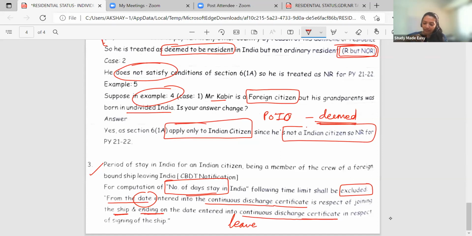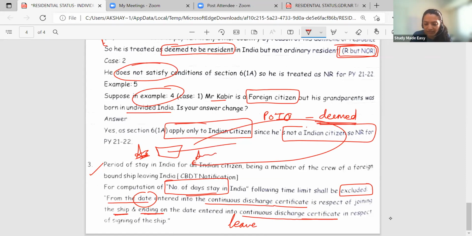When they sign that certificate that I am leaving India, and when they reach outside, this journey gets excluded. That is, he left from here for the ship, he has signed the certificate. He again reached back to India and again signed the certificate: yes, my route has been completed. So this journey, let's say almost 180 days, exclude that from residential status.